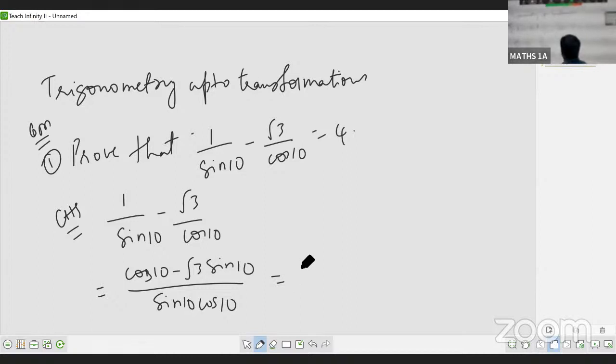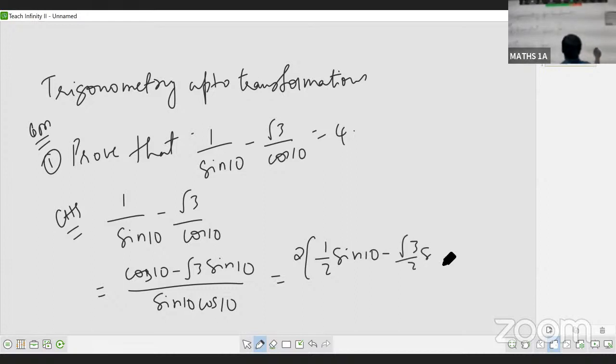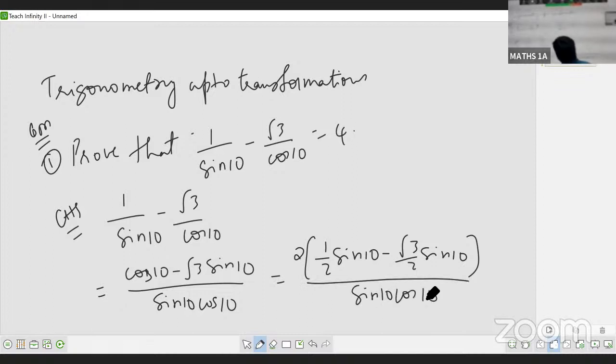That is 2 into 1 by 2 cos 10 minus root 3 by 2 sine 10, it's whole divided by sine 10 cos 10. Is it clear?